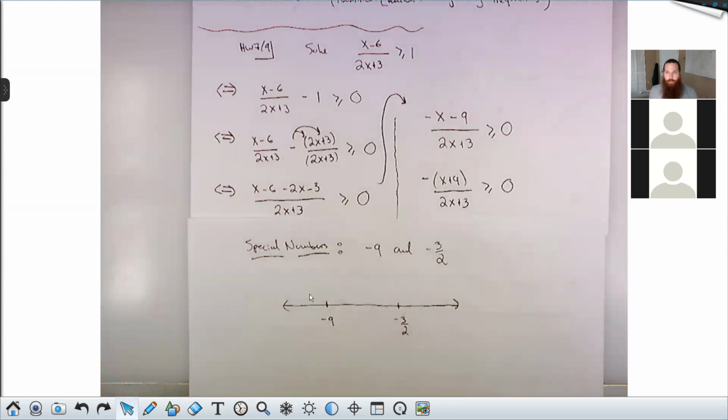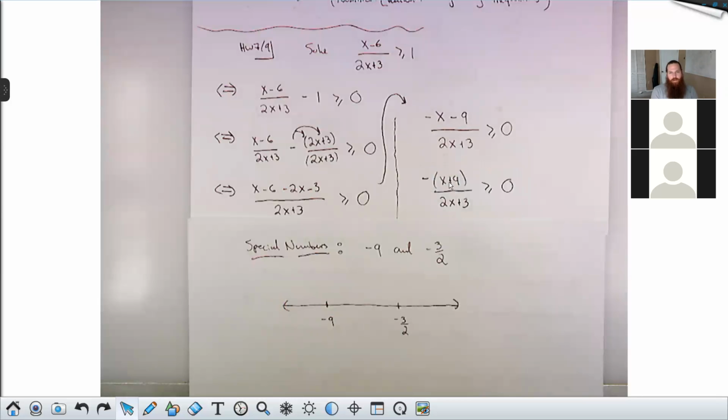And then there's more than one way to proceed from here. The fastest way is to think about end behavior and multiplicities. The slow way is to test a point from each region. So from the region on the far left, I could test -10. What that means is I would take -10 and plug it in for x in this and write down the sign I get.